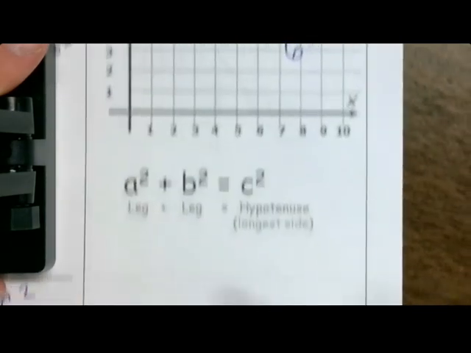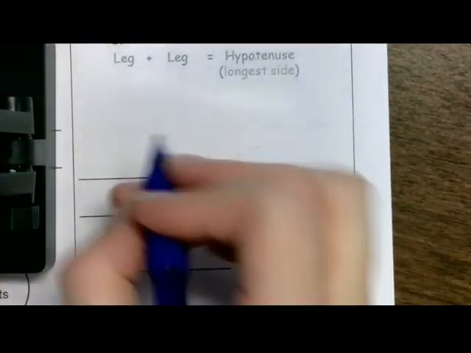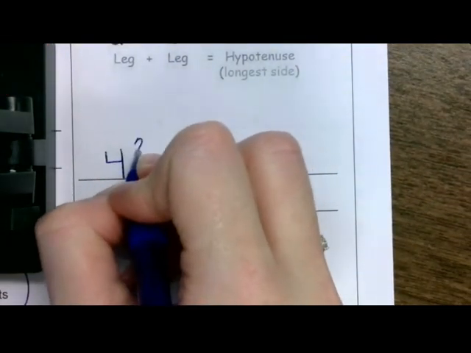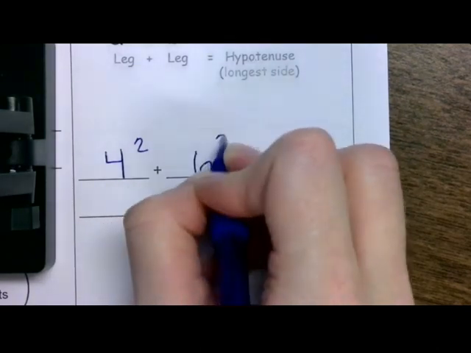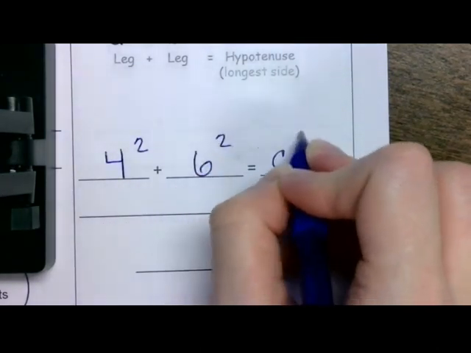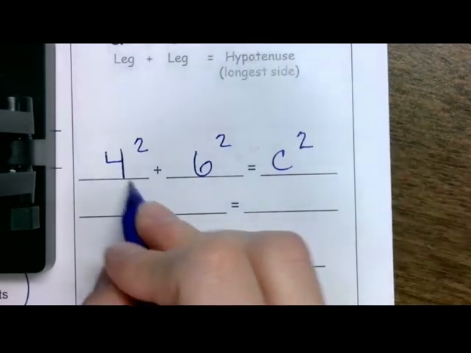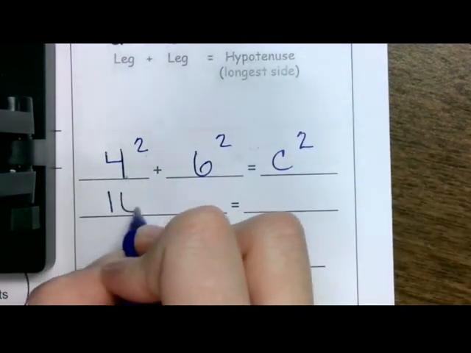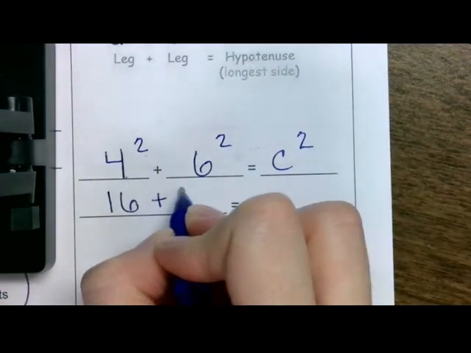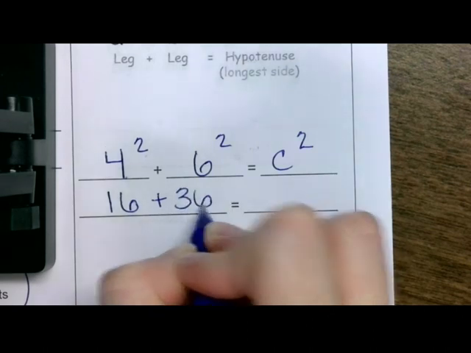So then we move down here. We have 4 squared plus 6 squared equals C squared. 4 squared is 16. 6 squared is 36.